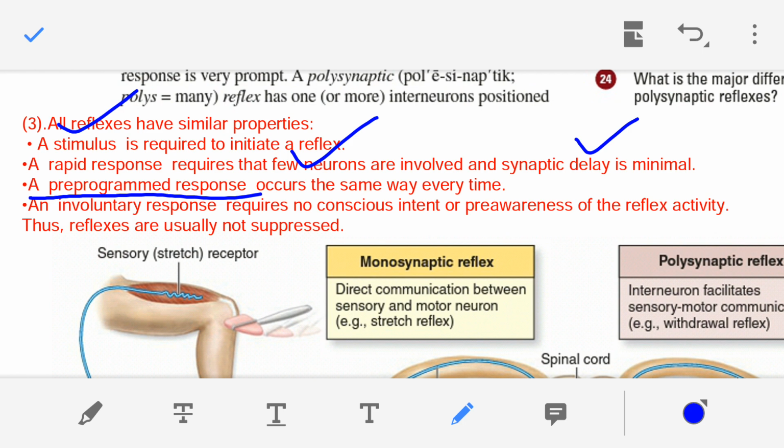So every time the same response will be given. Responses are pre-programmed, they are pre-decided.